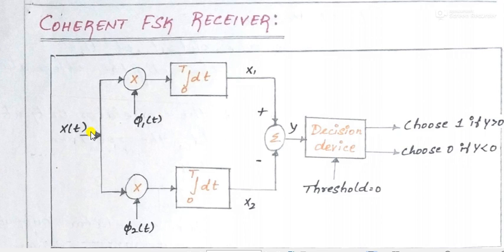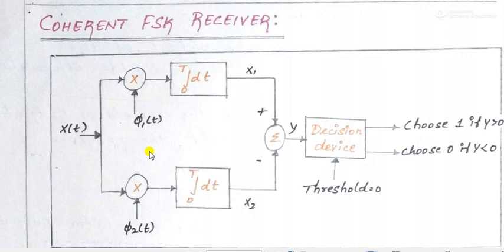The received noisy FSK signal is applied to the coherent FSK receiver to detect the original input binary sequence. The receiver consists of two correlators. This is correlator 1 and this is correlator 2.